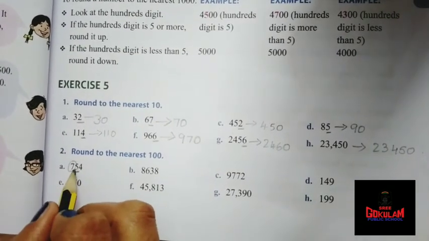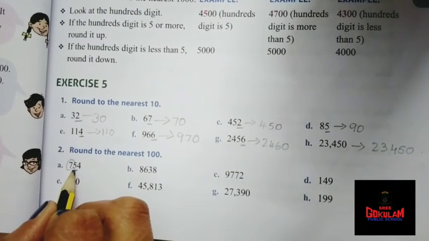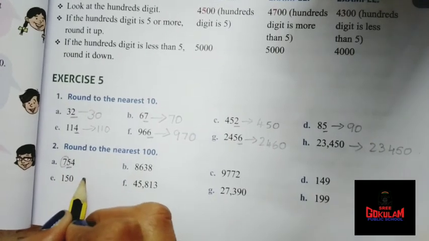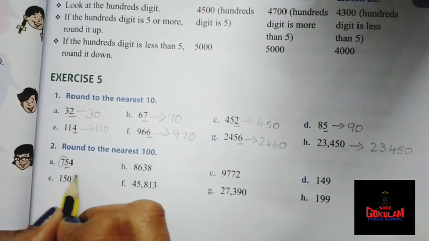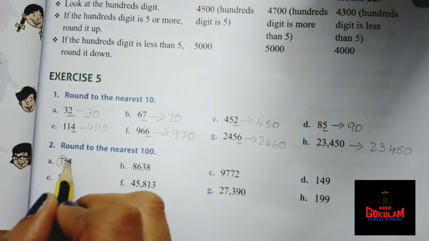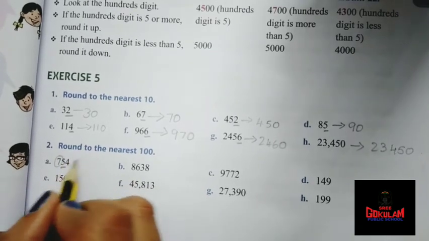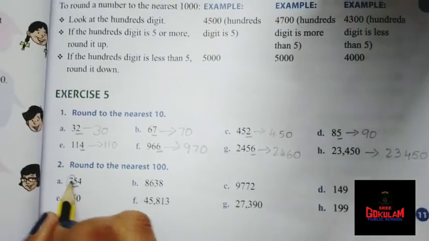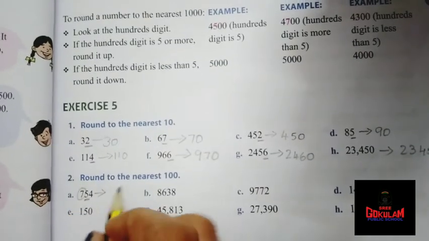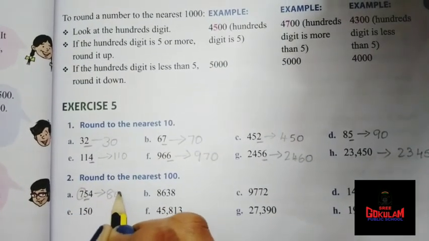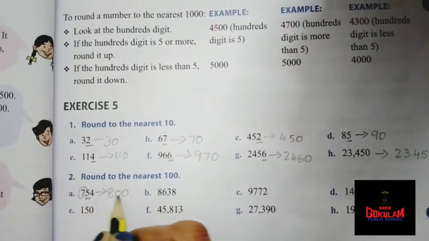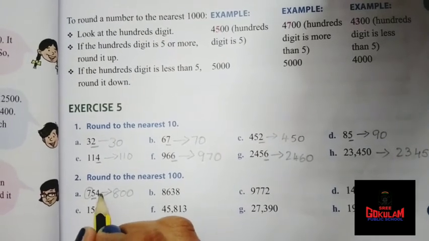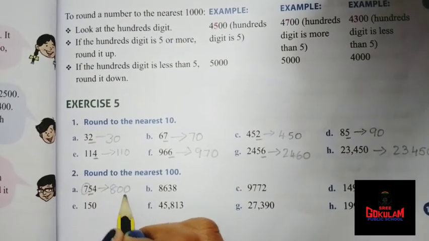Check whether the tens place is greater than 5 or less than 5. Here it is 5, so we have to round up. Round up means we add one more to the 100 place. That is 800, and the other places we put 0. So we round up to 800.